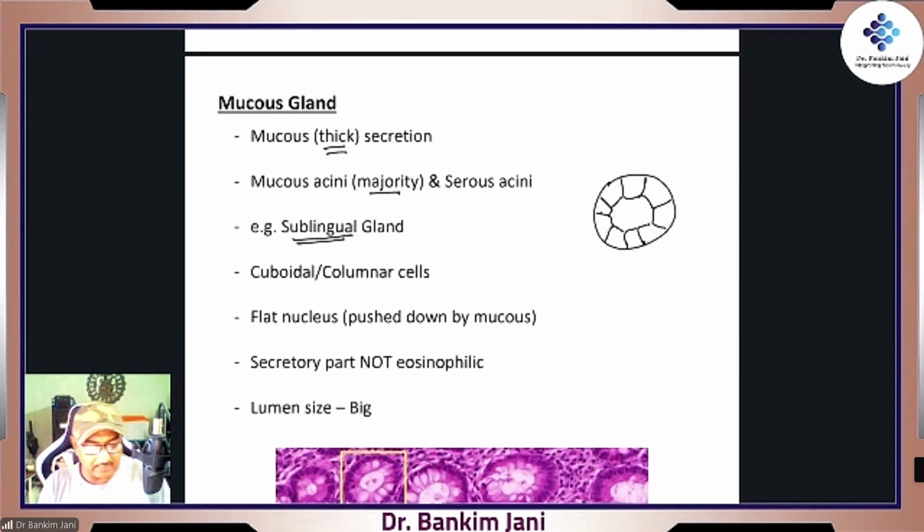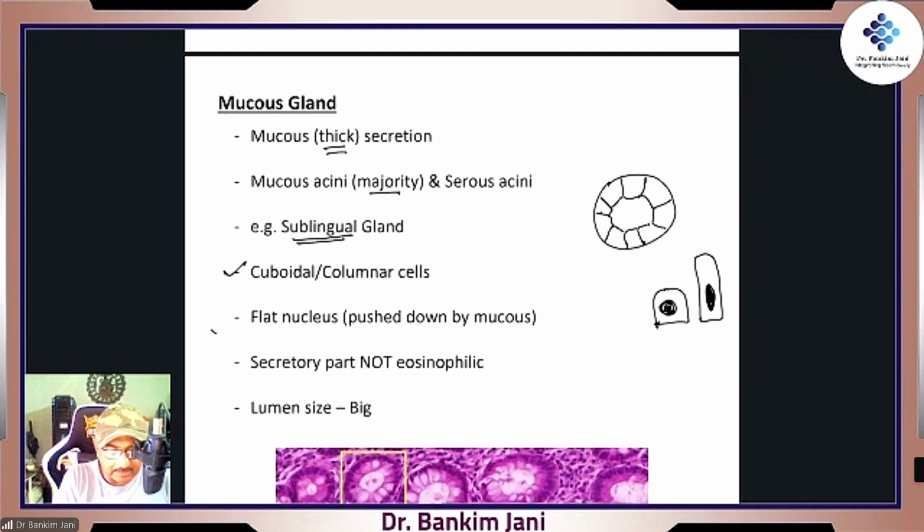The striking difference would be the flat nucleus, because it is pushed down by mucus. In cuboidal or columnar cells, we always used to say that if this is the cuboidal, if this is the columnar, then what type of nucleus? There will be a round, large nucleus, or this type of nucleus, basal, oval.